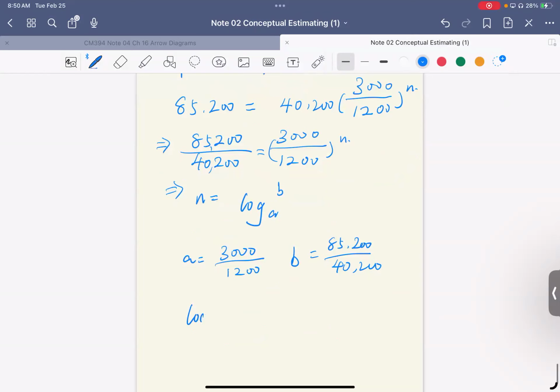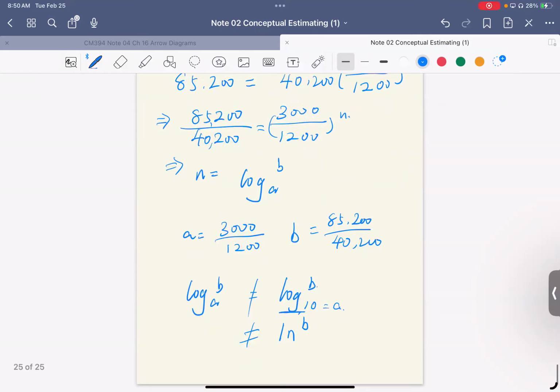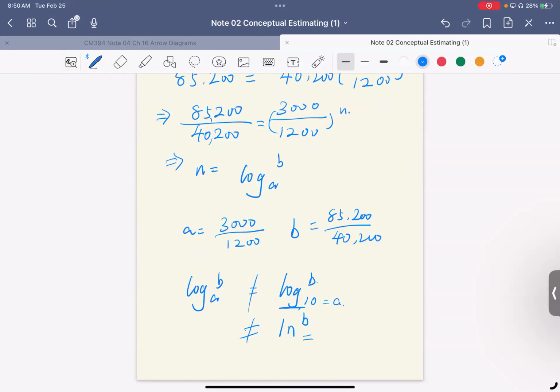This log with base is different to this one. It's not equal to log B, and is not equal to ln B. In this case here, the base is equal to 10, and in this case here, the base is equal to E.